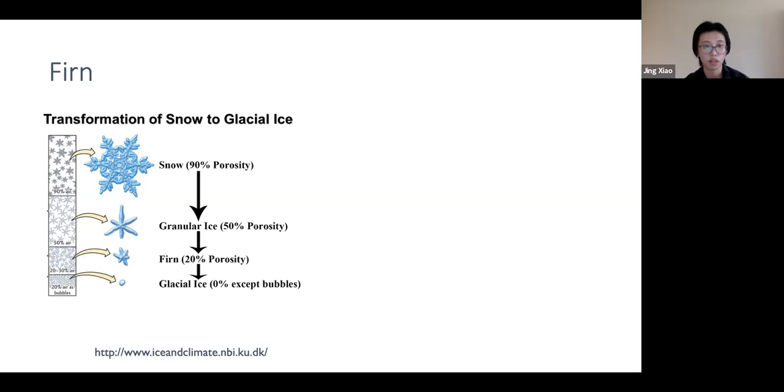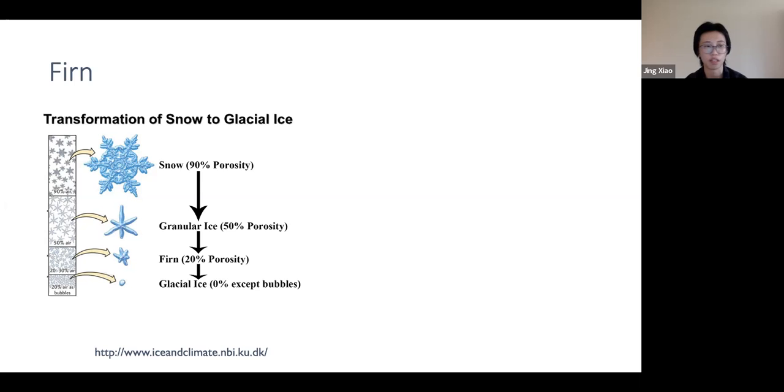But as the snow is deposited and buried deeper and deeper on the ice sheet, it becomes more and more compacted and finally becomes ice. So the firn here is an intermediate stage of the transition from surface snow to bottom ice. It has some porosity which can let the water in.